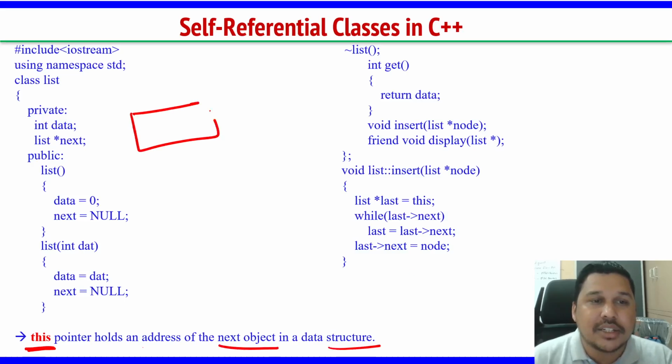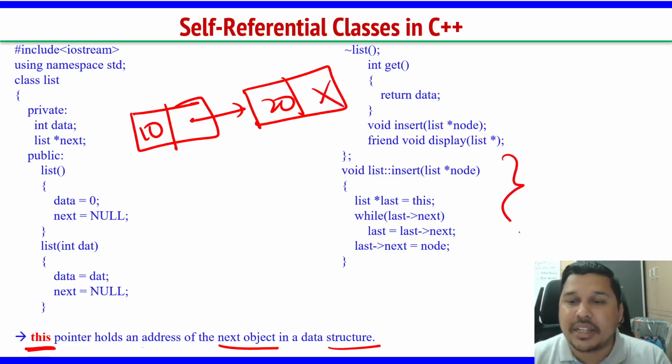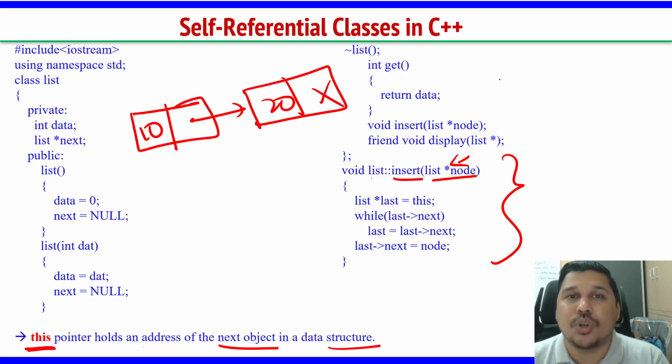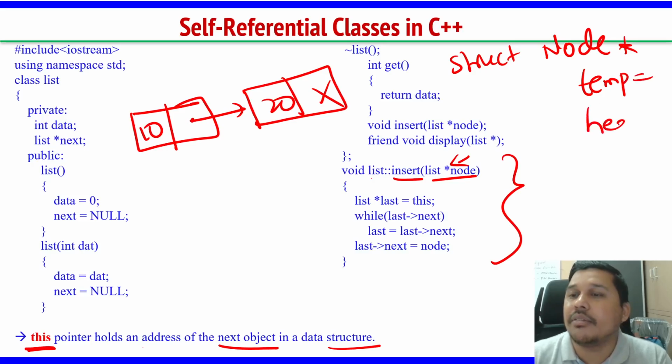So when you have a linked list node like this with some 10, it is pointing to another node with 20. See this example code, we will see the demonstration of this list insert list node. I'm creating a temporary pointer, like we write struct node star temp equal to head.